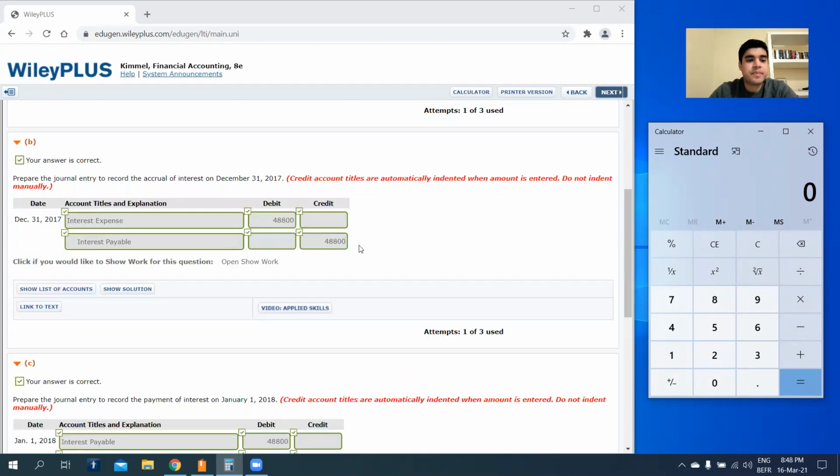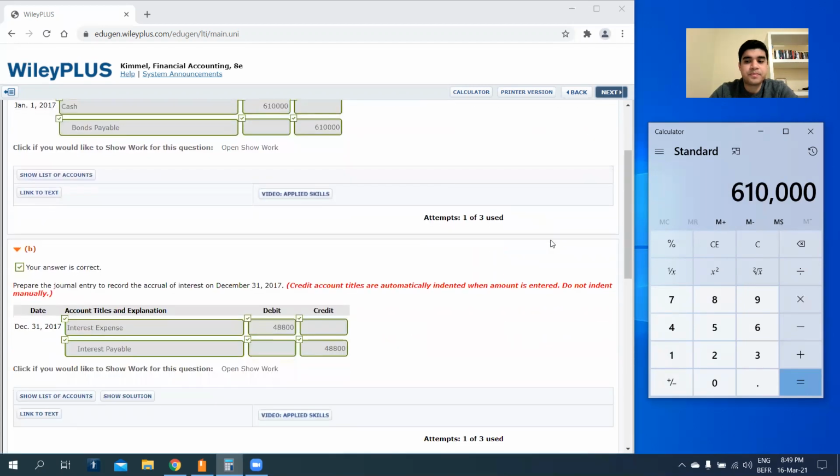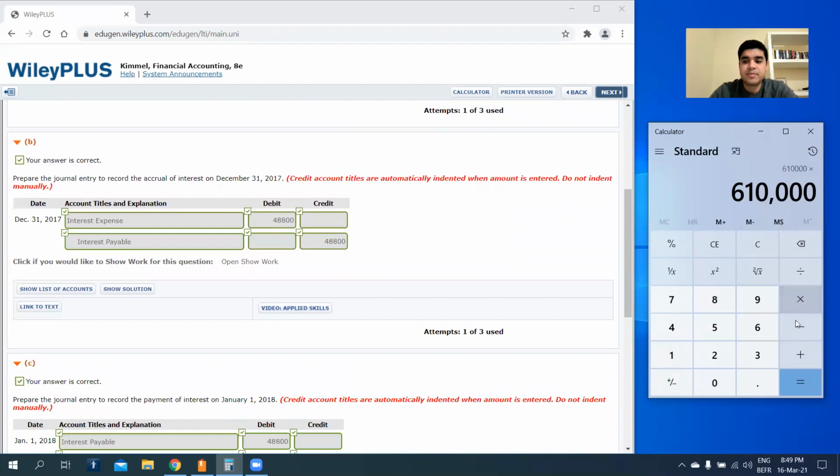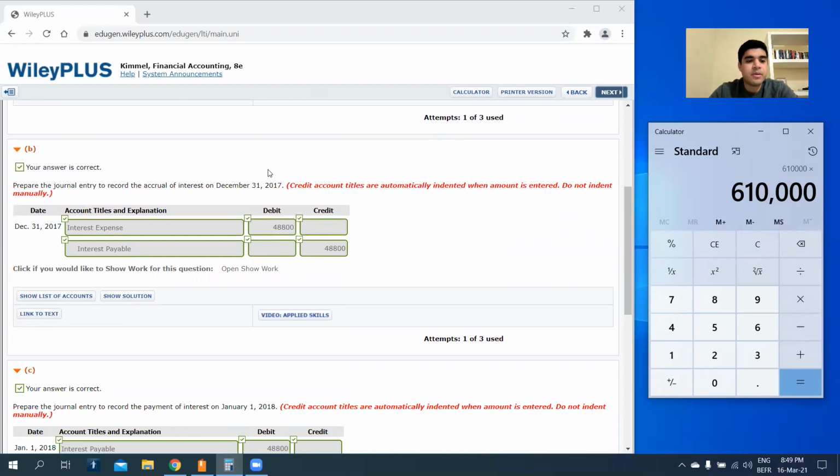The second part says, prepare the journal entry to record the accrual of interest on December 31st, 2017. So here we are recording the interest. How are you going to calculate this interest? It's pretty simple. You take the face value of the bond that you recorded on your books times the percentage.